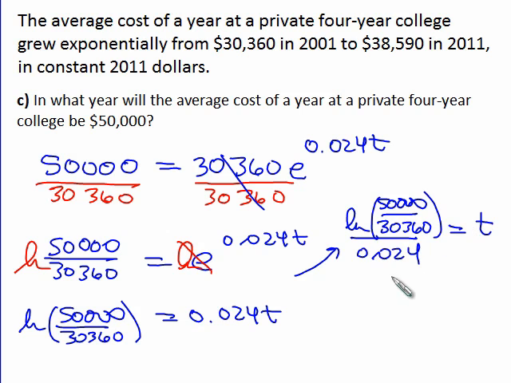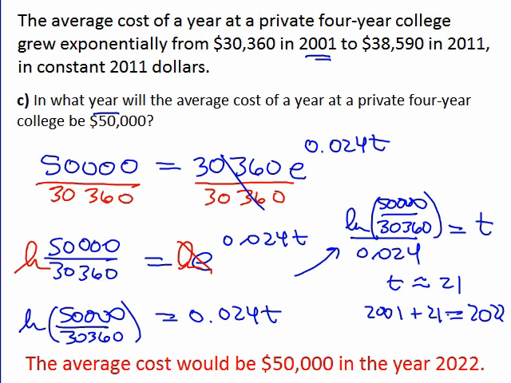Typing this in my calculator, I get t is about 21. But they want the year, and remember, t is the number of years after 2001. So I need to take 2001 and add 21 to it to get 2022. Therefore, the average cost would be $50,000 in the year 2022.